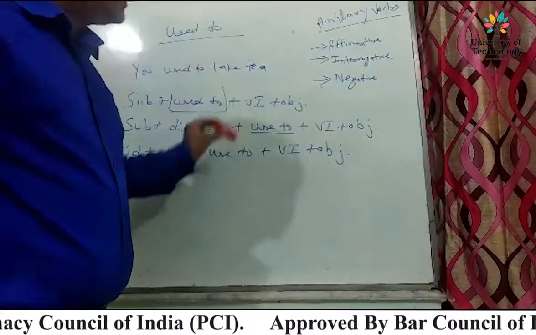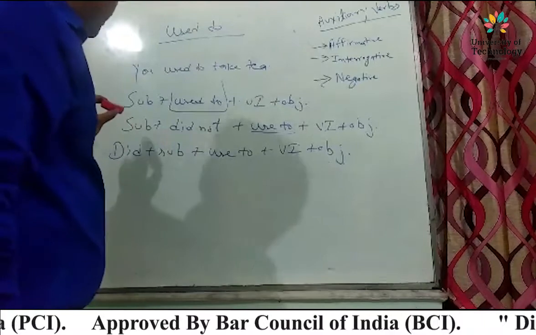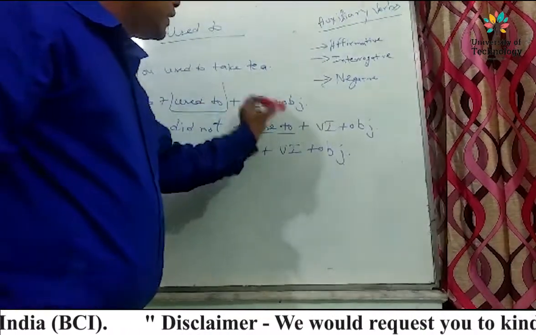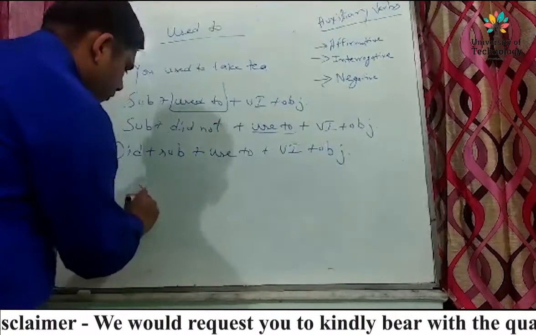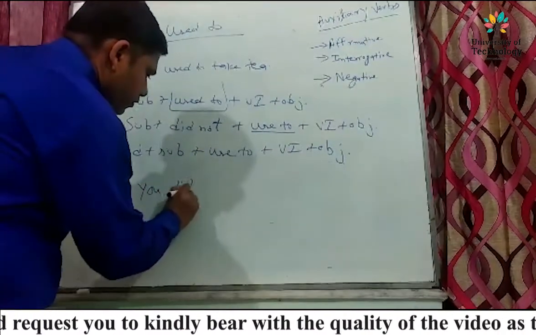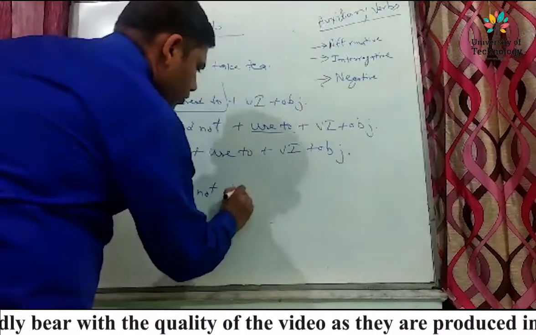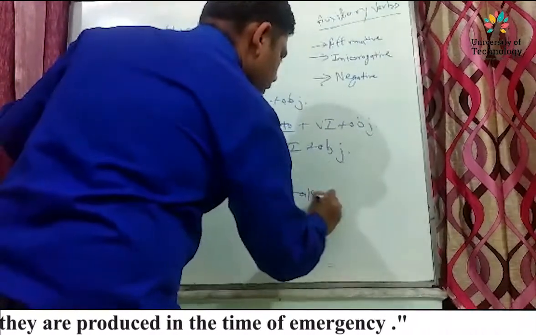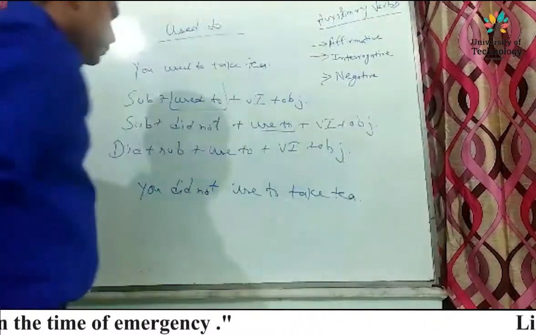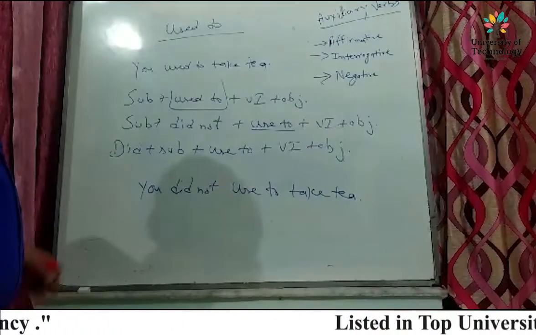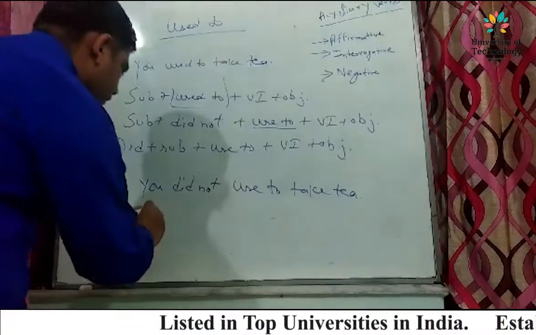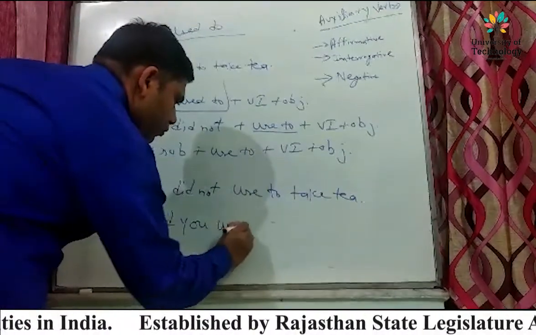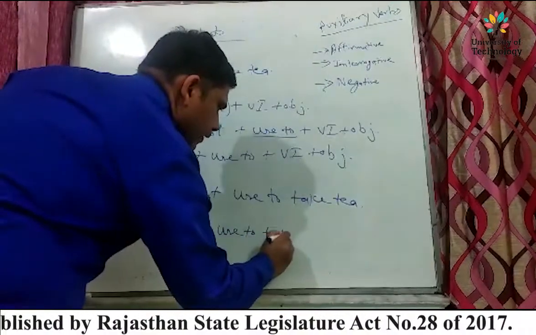You used to take tea. तुम चाय नहीं पिया करते थे. You did not used to take tea. क्या तुम चाय पिया करते थे? Did you used to take tea?